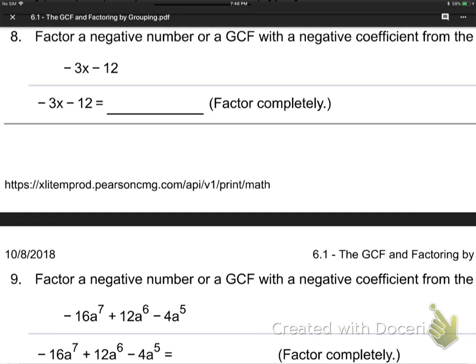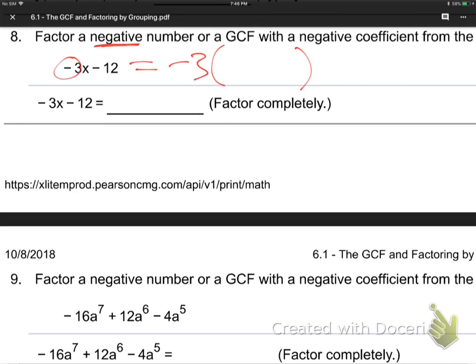But instead of just taking out 3, see what they're saying? Factor out a negative. I'm going to take out negative 3. When the front is negative, take out whatever you take out in common as negative. Good there. So I take out negative 3. Put a parenthesis. Now, what goes on the inside?